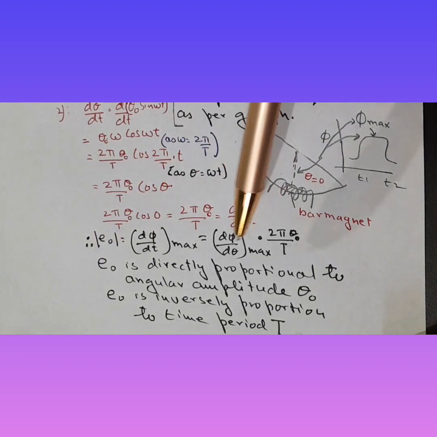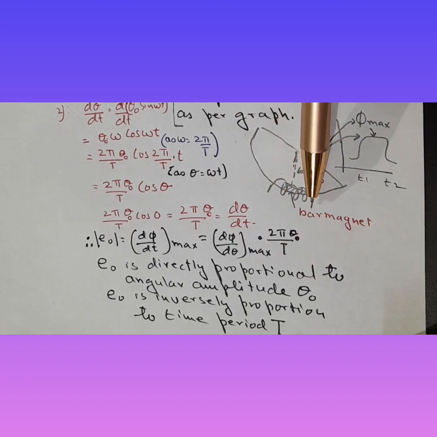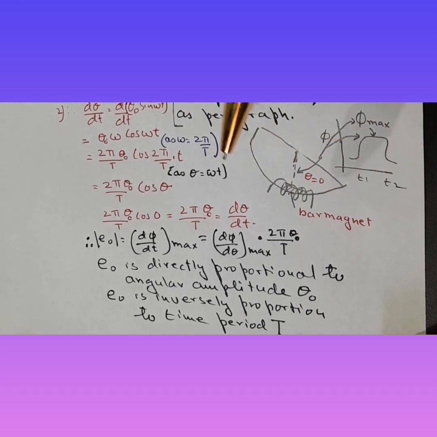And second thing is it is proportional to theta 0, amplitude being greater. When would amplitude be greater? When the number of turns are more, then the amplitude would be greater. So more number of lines would be cut, and as a result of that the EMF generated also would be more.